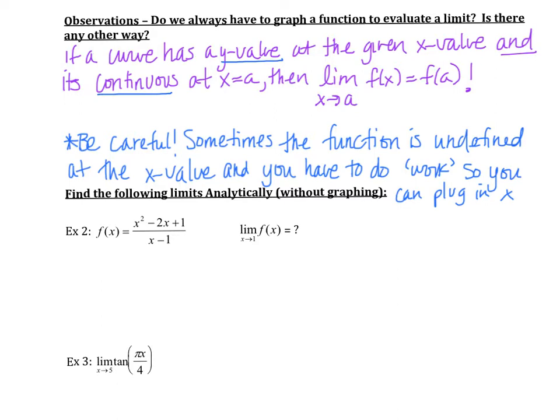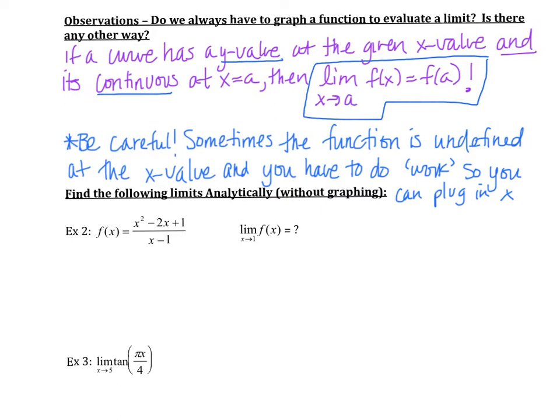And we will get into a much more in-depth definition of continuous later in the unit, but for right now this just means that it continues without any breaks. So if the function's defined, and there's no breaks in the graph at that point, then to find the limit as x approaches that a value, we don't have to graph. All we have to do is plug a into the function.